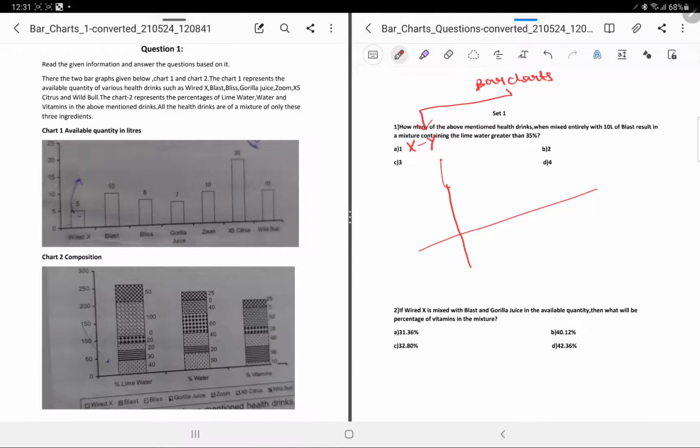Mostly on the X axis you will have things like the year, for example 2015, 2016, and so on, or the names of certain quantities, for example rice or wheat. You'll keep that on the x-axis, and the values or quantities you'll generally keep on the y-axis.